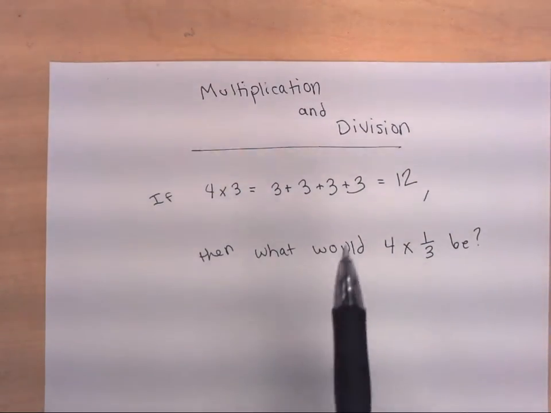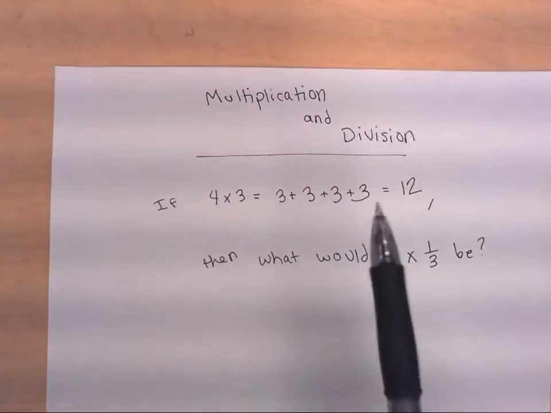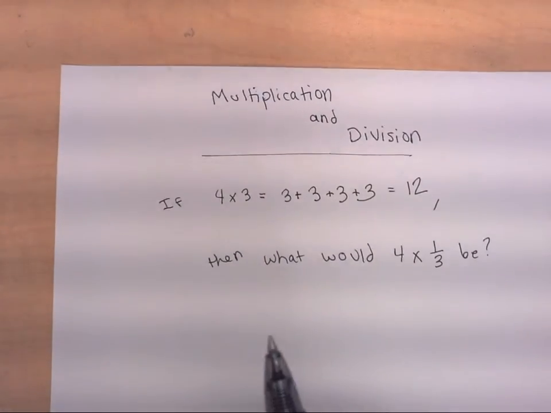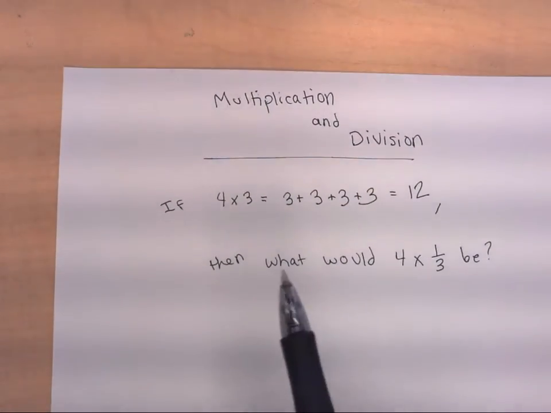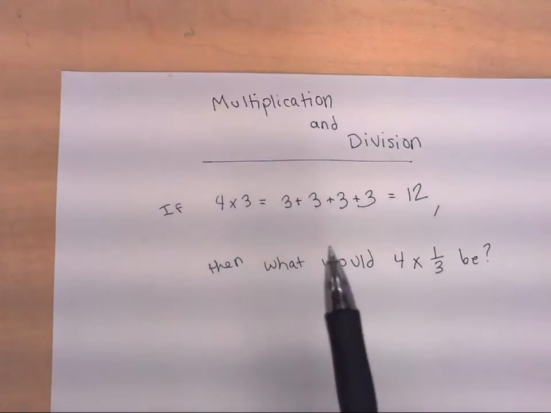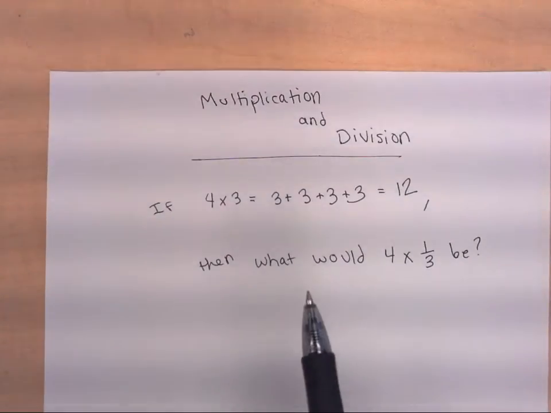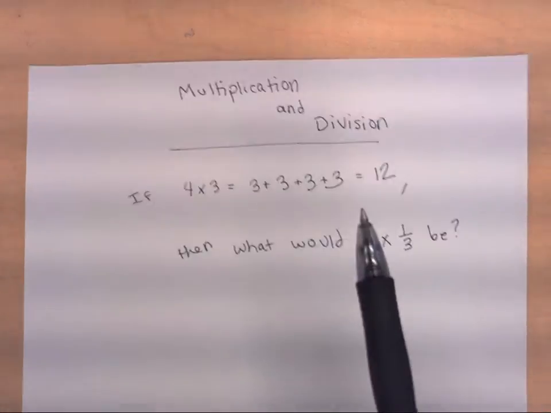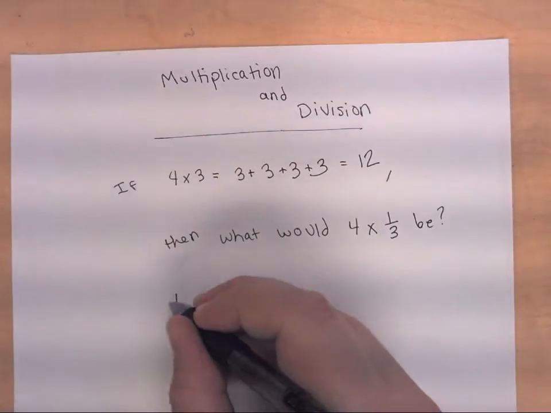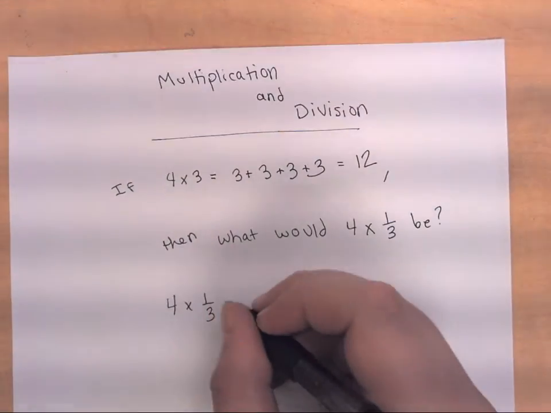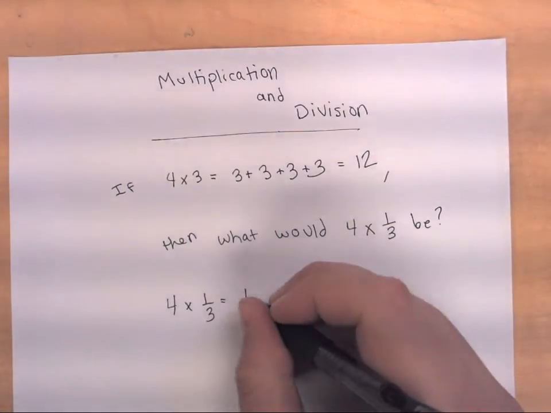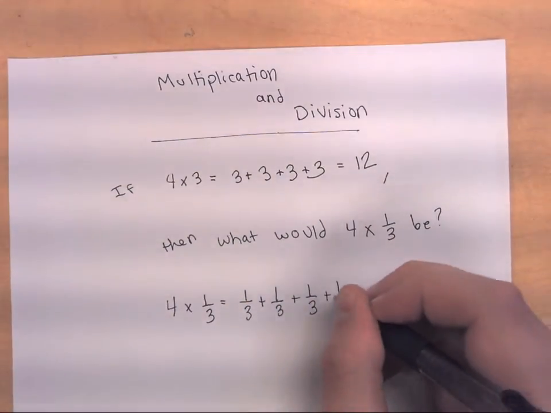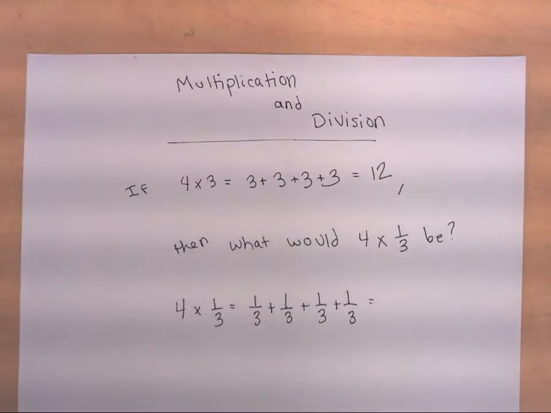So students are very familiar with using repeated addition as a multiplication strategy. In fact, at the beginning of the year, when we were in our multiplication unit, many students still relied on repeated addition as their go-to strategy. So after examining this expression here, students made the connection that 4 multiplied by 1/3 is equivalent to 4 groups of 1/3 added together.